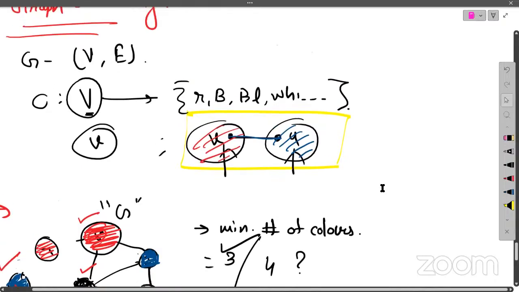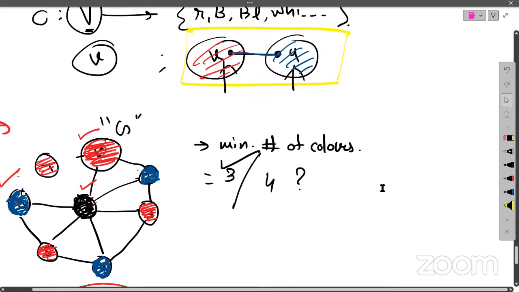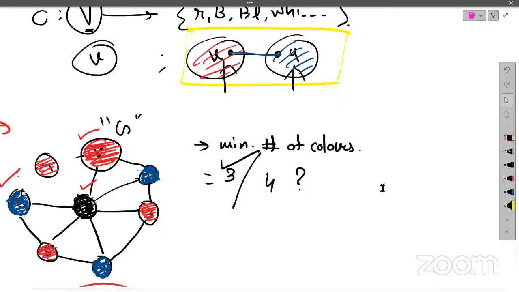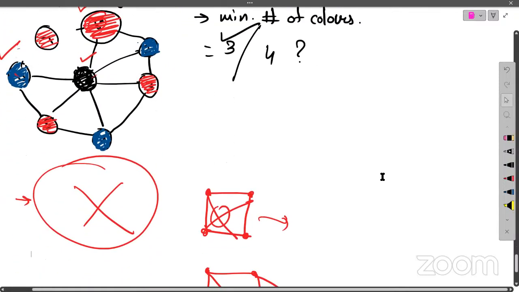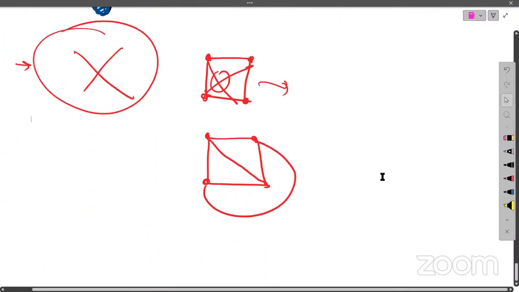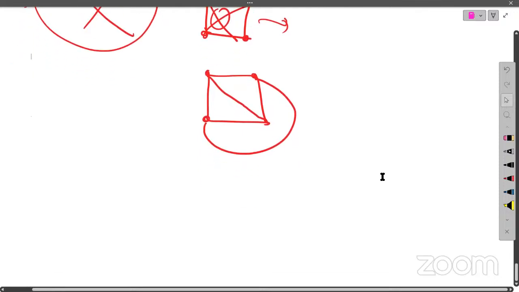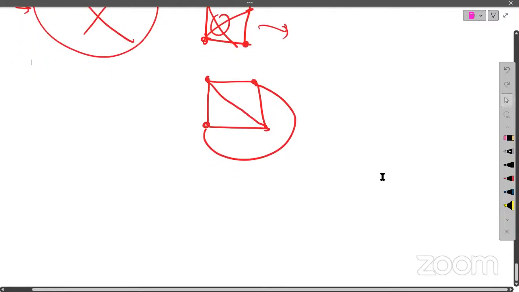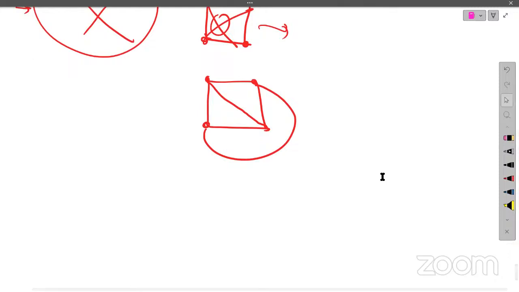What if it is a complete graph, where each vertex is connected with every other vertex? Then it will be a disconnected graph, right? No. I mean, there are n into n minus 1 by 2 edges. Let's take a simple case of 5 vertices, all of them connected to each other.